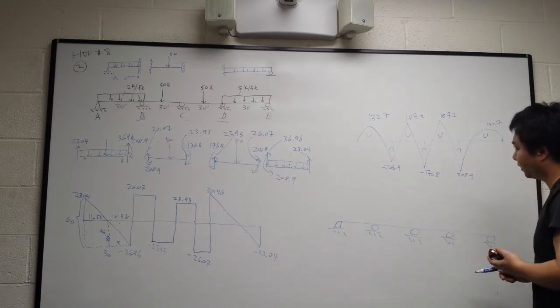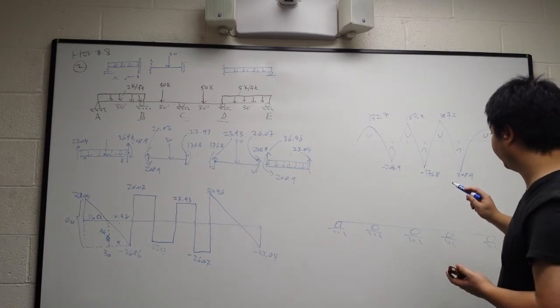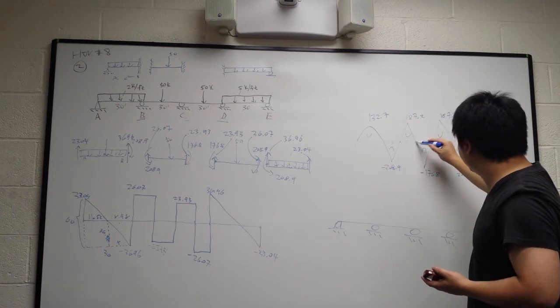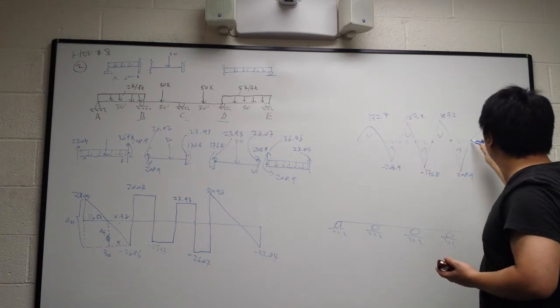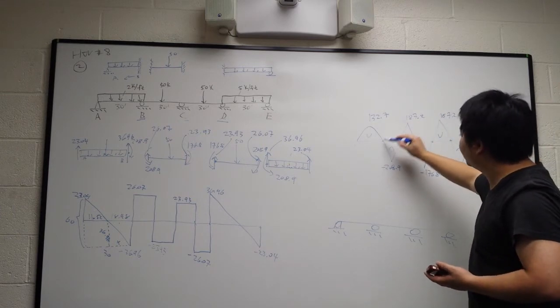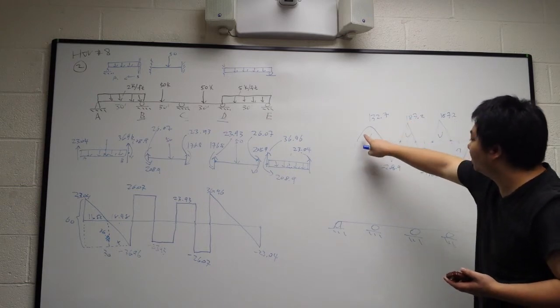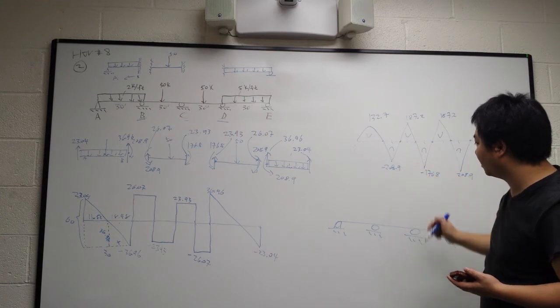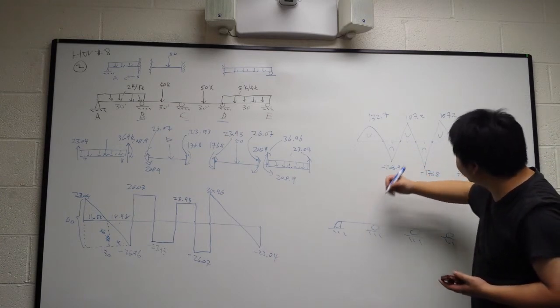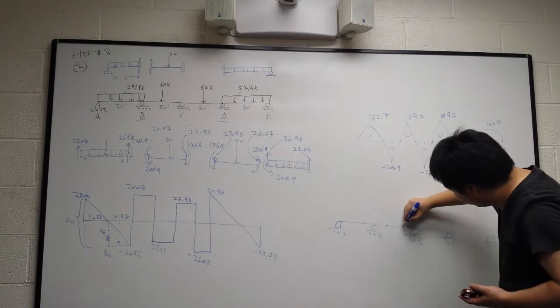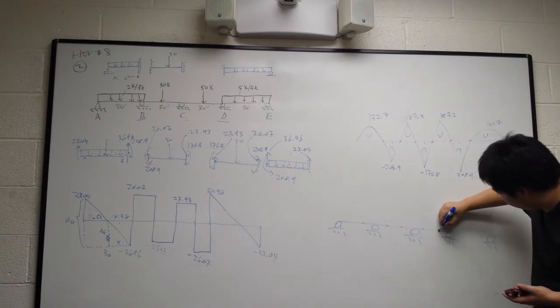And the only thing you have to be careful is when you have this point and this point. This is the point when smile face changes to sad face. So you just mark the point, approximately right here, right here, right here.